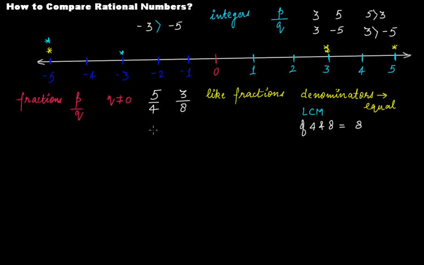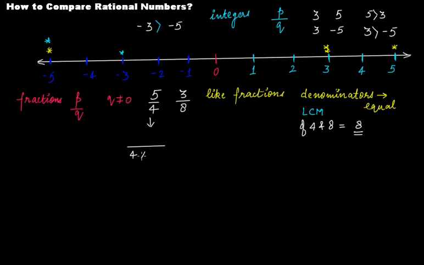Now we have to convert these two fractions into like fractions, right? To convert these two fractions into like fractions, you have to make denominators equal. For making denominators equal, you have to first find out the LCM. Now, if this LCM is 8, by what number should we multiply 4 in 5/4 such that the denominator becomes 8?